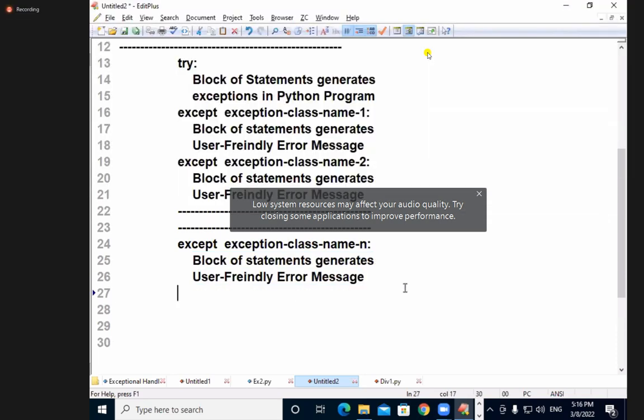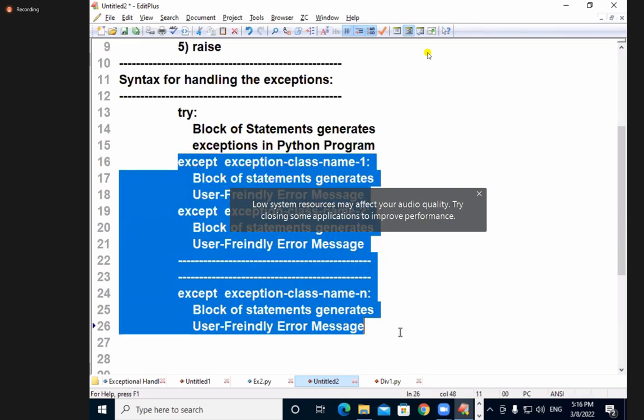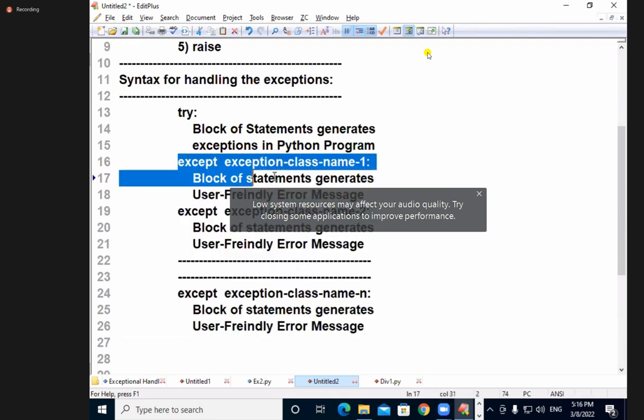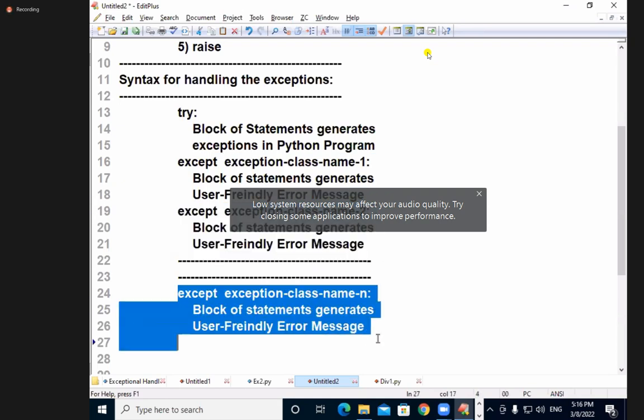Yes. Are you understanding this? Tell me, exceptions are occurring where? When an exception occurs in the try block, PVM comes out of the try block looking for the appropriate except block. Here I wrote zero division error. Here I wrote value error. Here I wrote index error.